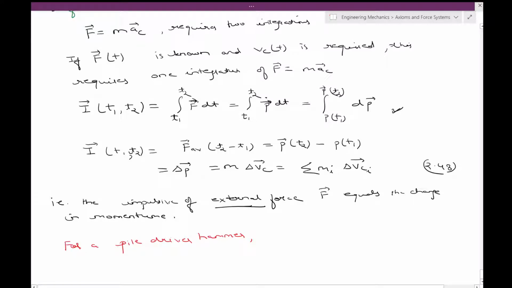Okay, so for a pile driver hammer, the impact interval t2 minus t1 is kept small to have large F average.